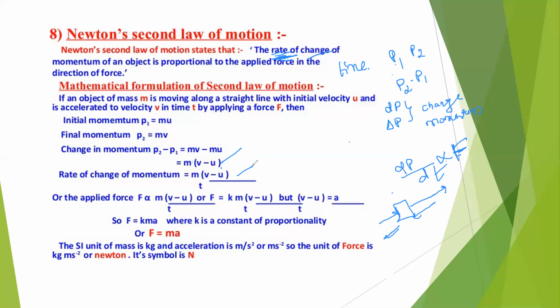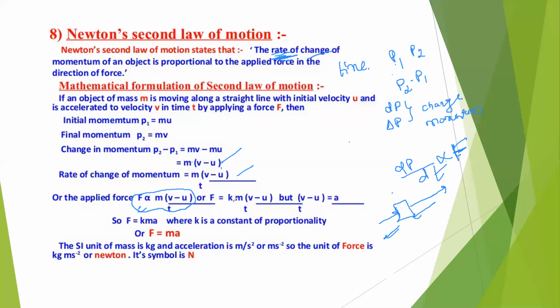Now, according to the statement, this rate of change of momentum is directly proportional to what? Force. You can see here it is written F is proportional to m into v minus u divided by t. Now, as we know in physics, whenever we use a proportionality sign, we can remove it and take an equal sign by introducing a proportionality constant.